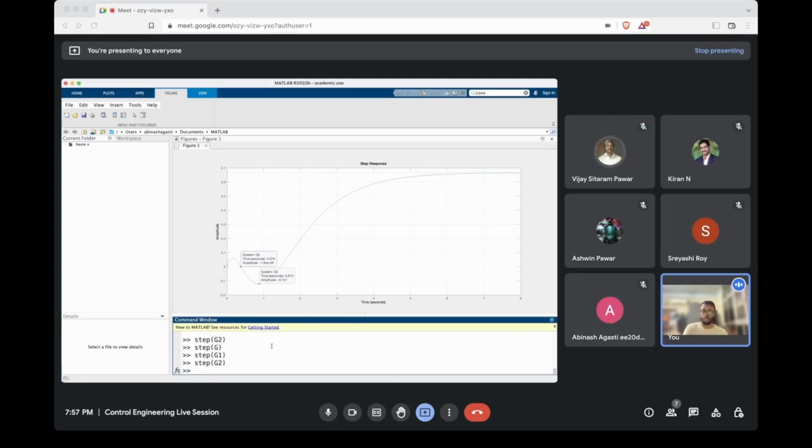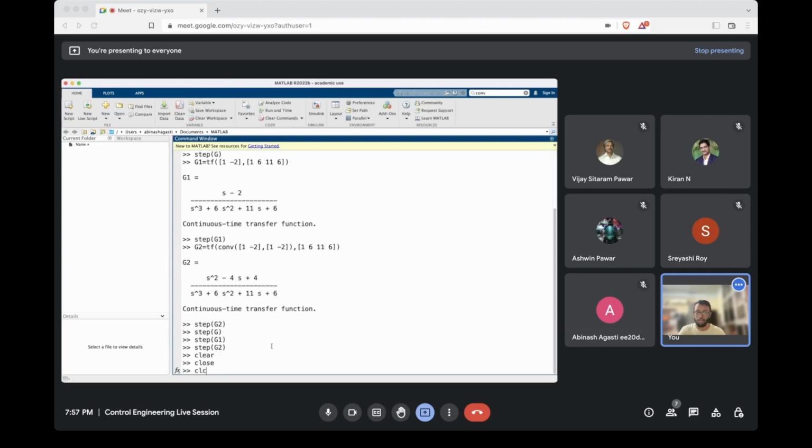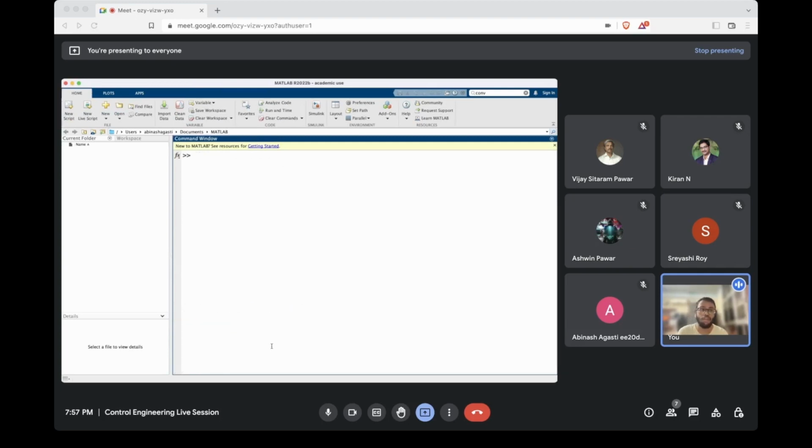Okay, let's clear everything. Right. So now let us take G(s) as this transfer function. Okay, so this is only the denominator part.